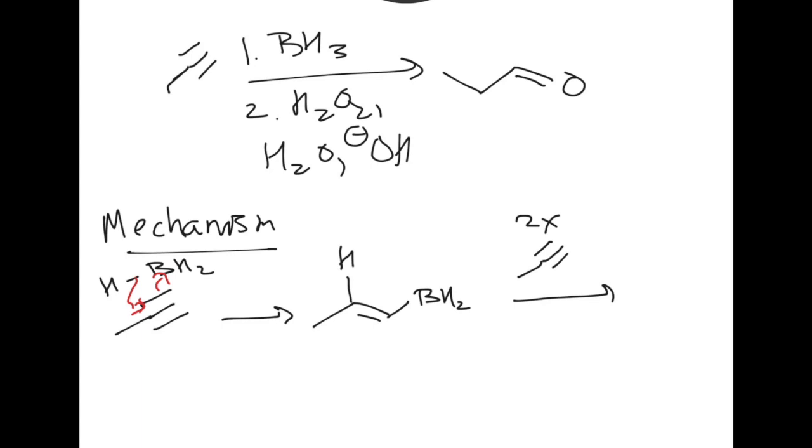And so I'm going to end up with that where I have 3 carbons on my boron. I've removed all the boron hydrogen bonds and I've replaced them with boron carbon bonds.